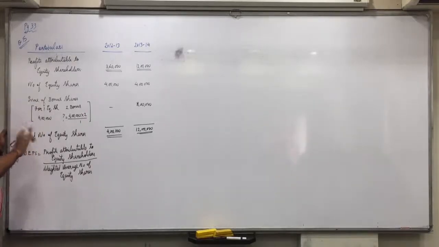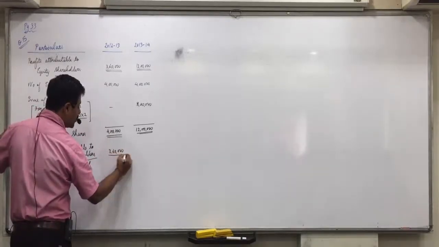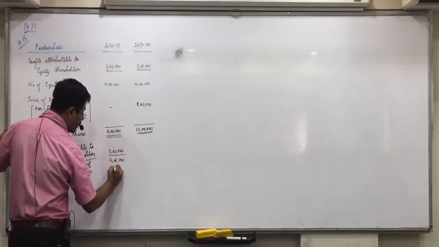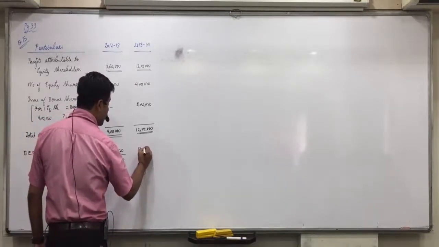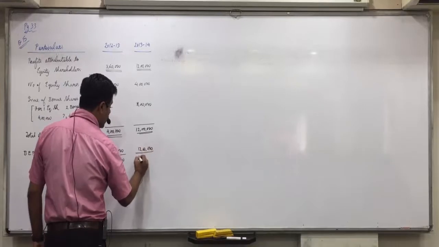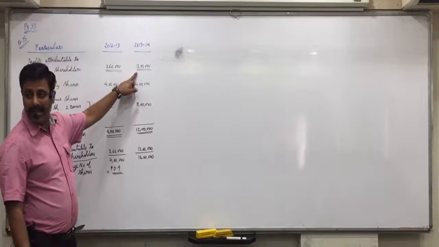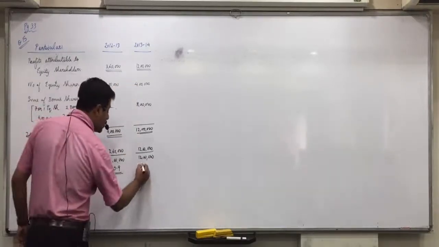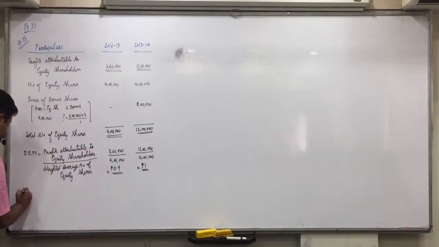Actual EPS of 12 to 13 is how much? 3,60,000 profits attributable to equity shareholders divided by number of shares 4 lakhs means 0.9, and 13 to 14, 12 lakhs divided by 12 lakhs. Profits attributable to equity shareholders 12 lakhs divided by weighted average number of equity shares 12 lakhs. What is the actual EPS of 13 to 14? 1.